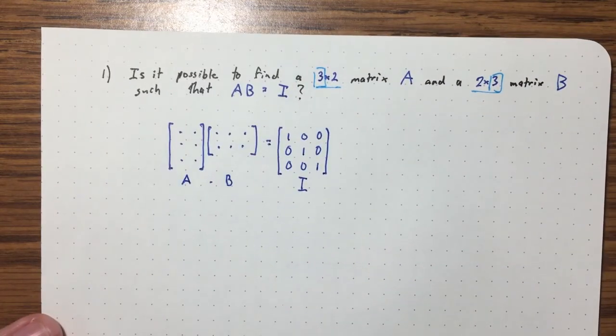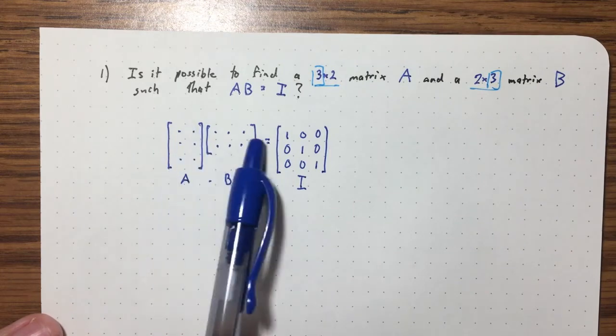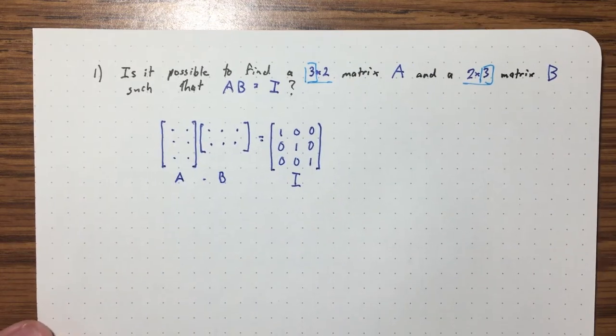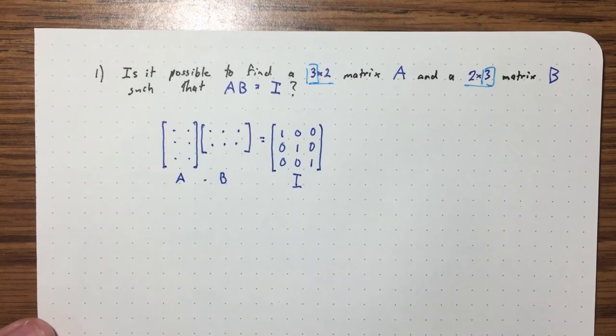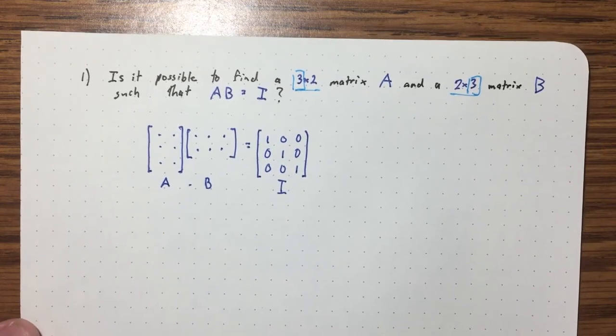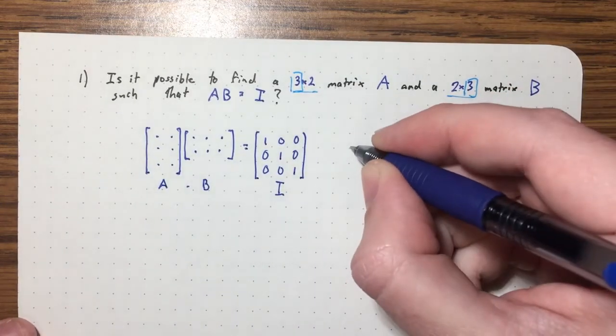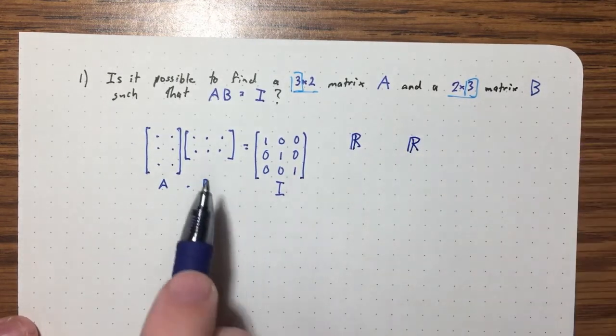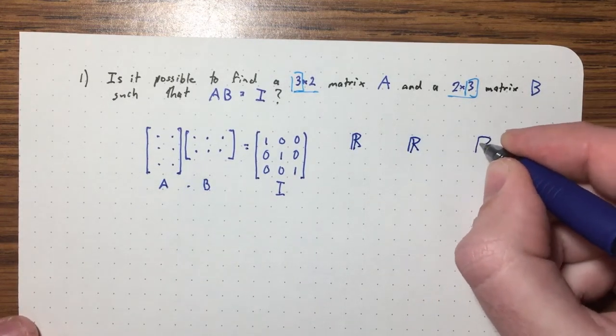So you could try to play around with this. Try putting in some numbers, so you get a 1 there, and a 0 there, and then a 0 there. And you'll find that it's harder than it seems. And there's a reason for that. The reason is, let's view this as a linear transformation. So what linear transformation am I applying first?